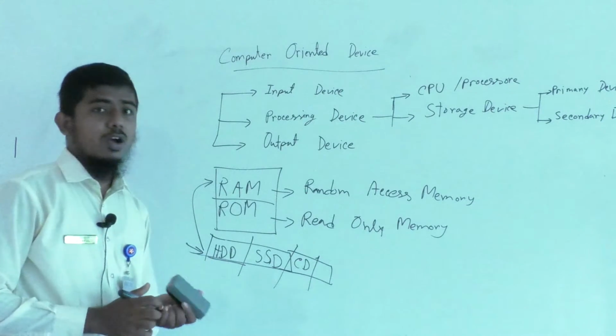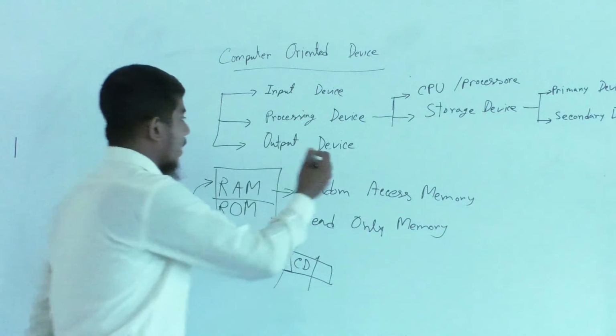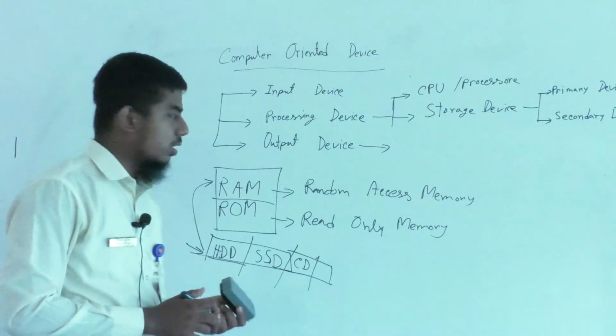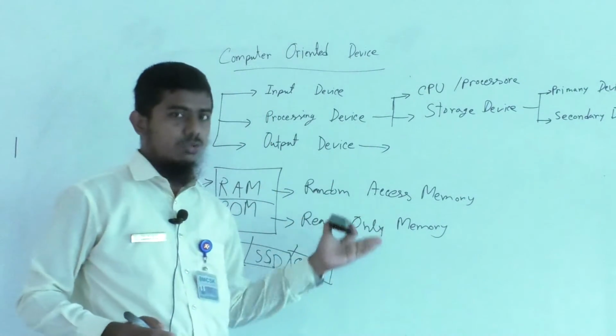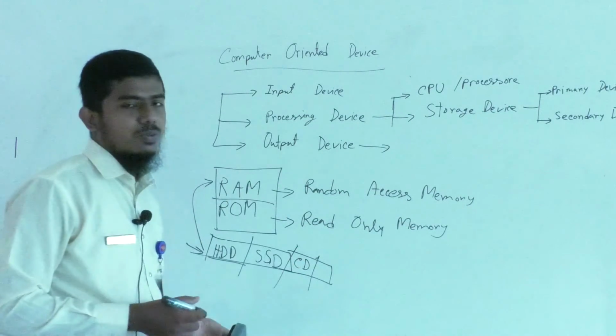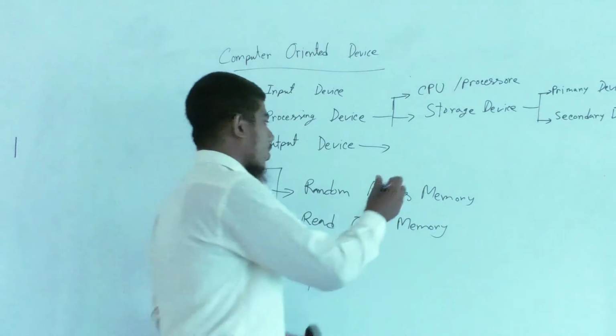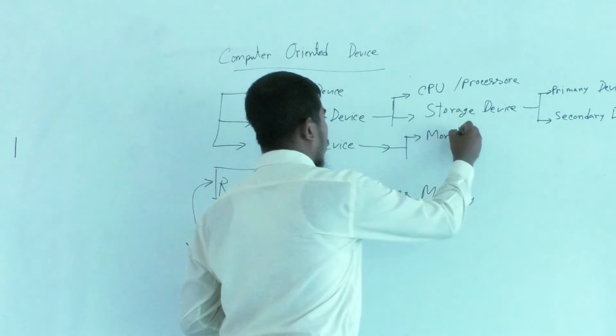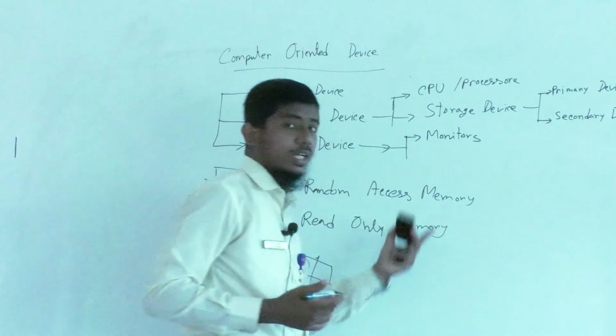After the processing of data, we need an output device. What is the output device? The device which is used to show us the result is called an output device. First of all, monitors are definitely an output device.